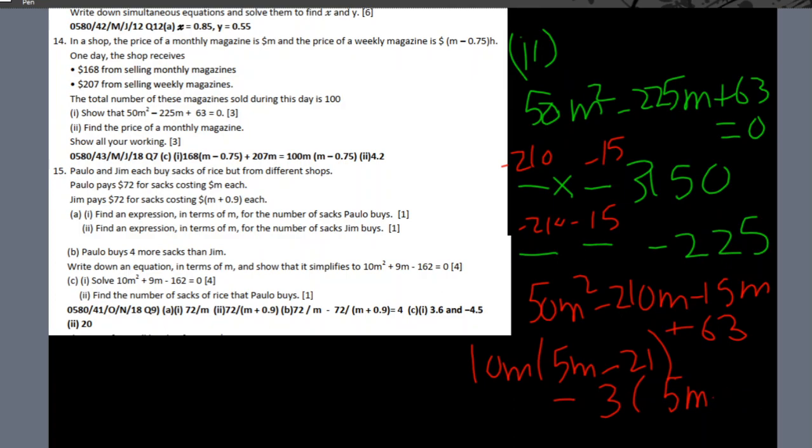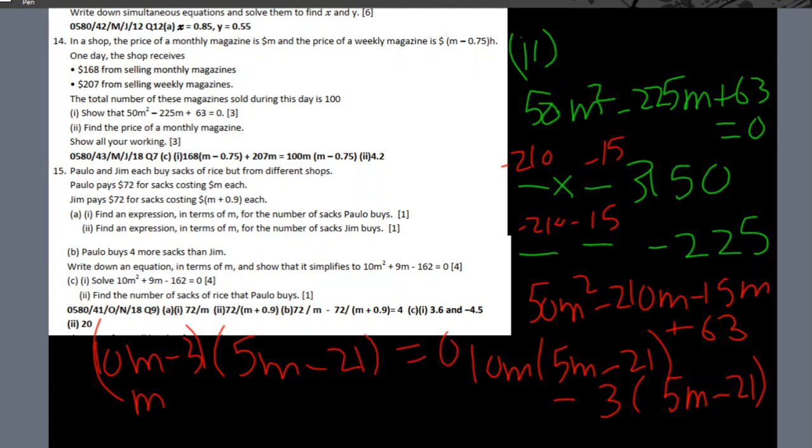Since I've taken negative common, it will invert the sign. So 10m minus 3 times 5m minus 21 equals 0, which will give me m equals 3 by 10, and m equals, are both of these negative? Just a second. Yes, both of them are negative. So, or m equals 21 over 5.